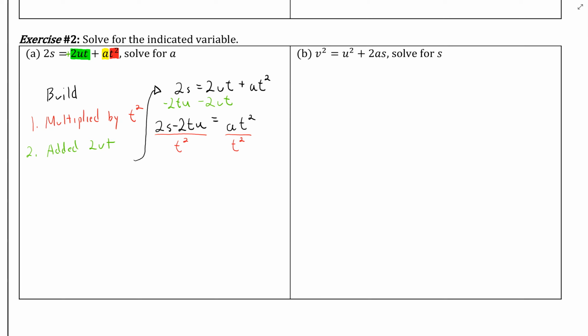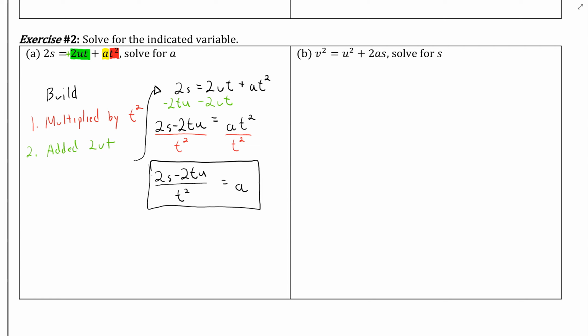And then this means that on the left-hand side, I have 2s minus 2tu all over t squared. And on the right-hand side, I simply have a. Now go ahead and try to do 2b on your own.